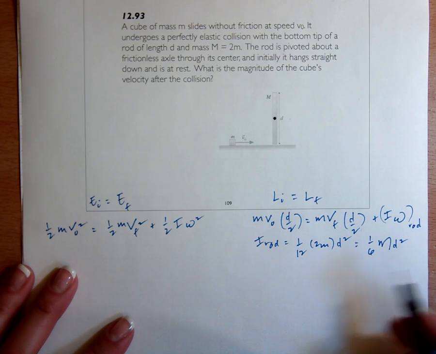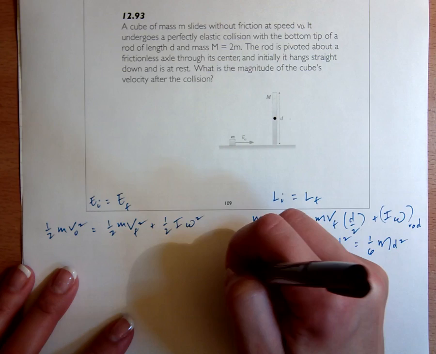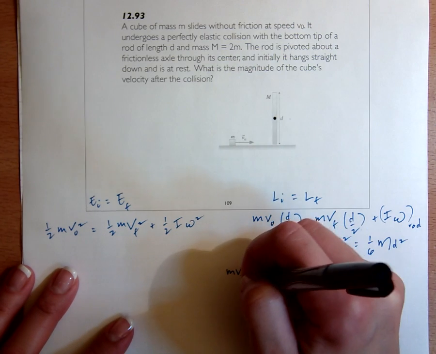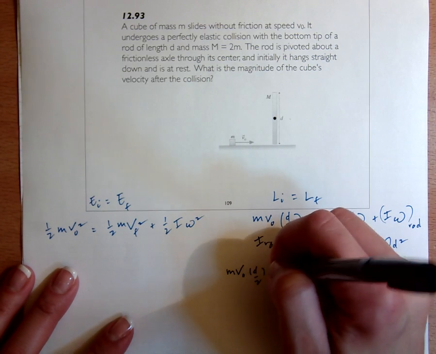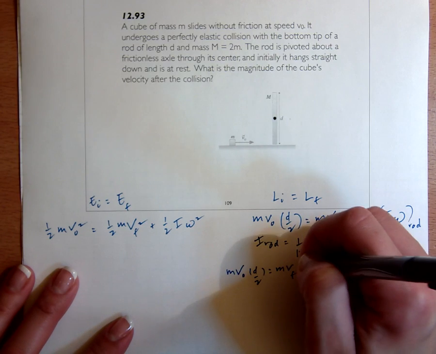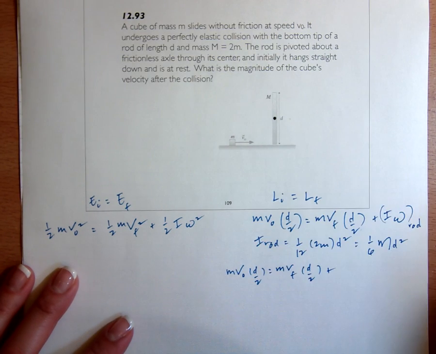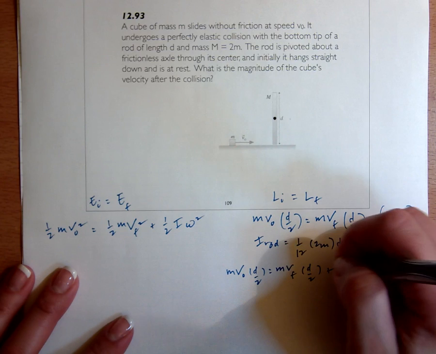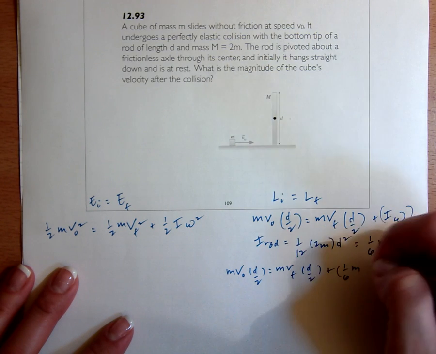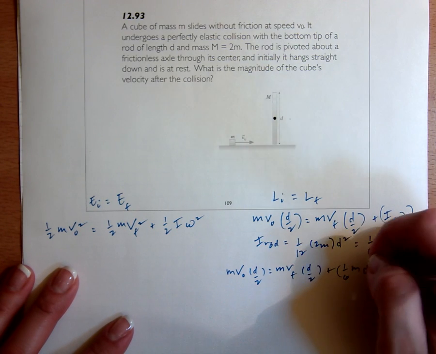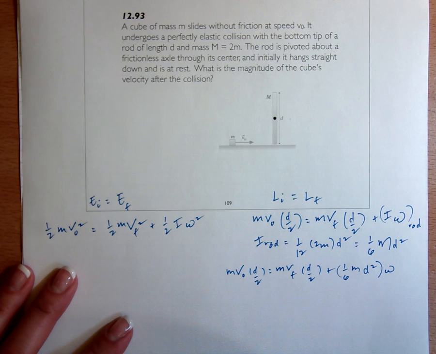So now let's substitute for I of the rod. You have m v initial d over 2 equals m v final d over 2 plus 1/6 m d squared times omega for the rod.